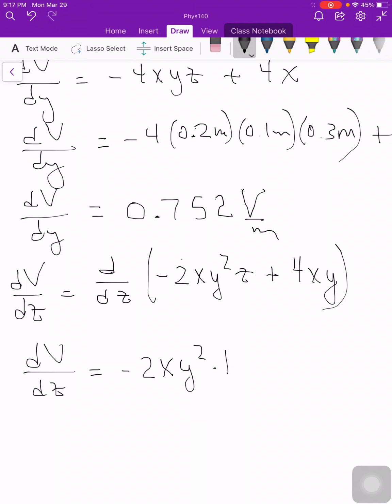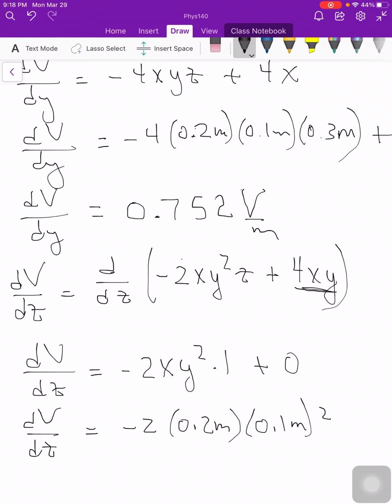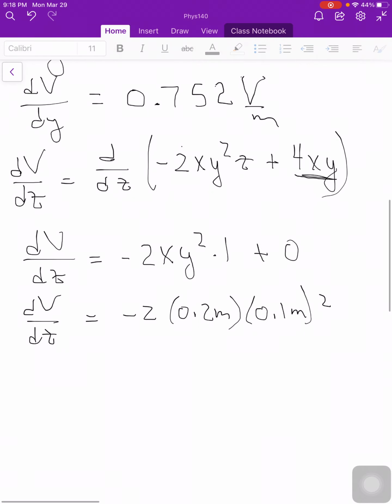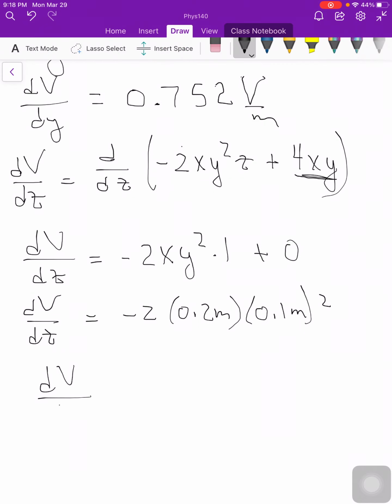The second term doesn't have a z in it at all, so it's 0. Plugging in my numbers, dV dz is negative 2 times 0.2 meters times 0.1 meters squared, which gives a negative 0.004 volts per meter.